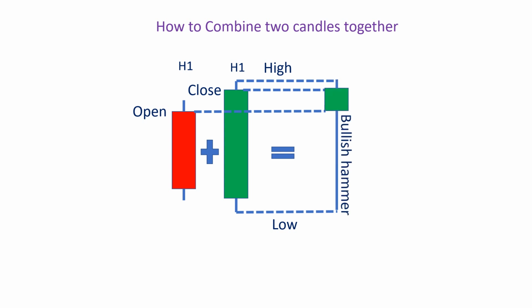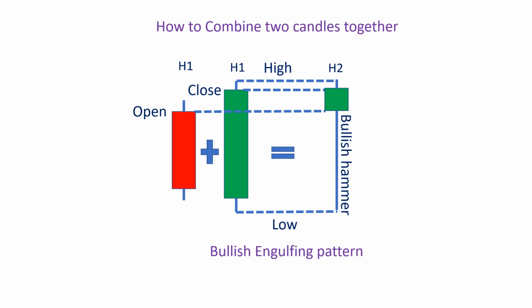and the equivalent will be a bullish hammer. So since the green candle, the bullish candle, engulfs the bearish candle, this pattern is called a bullish engulfing pattern.